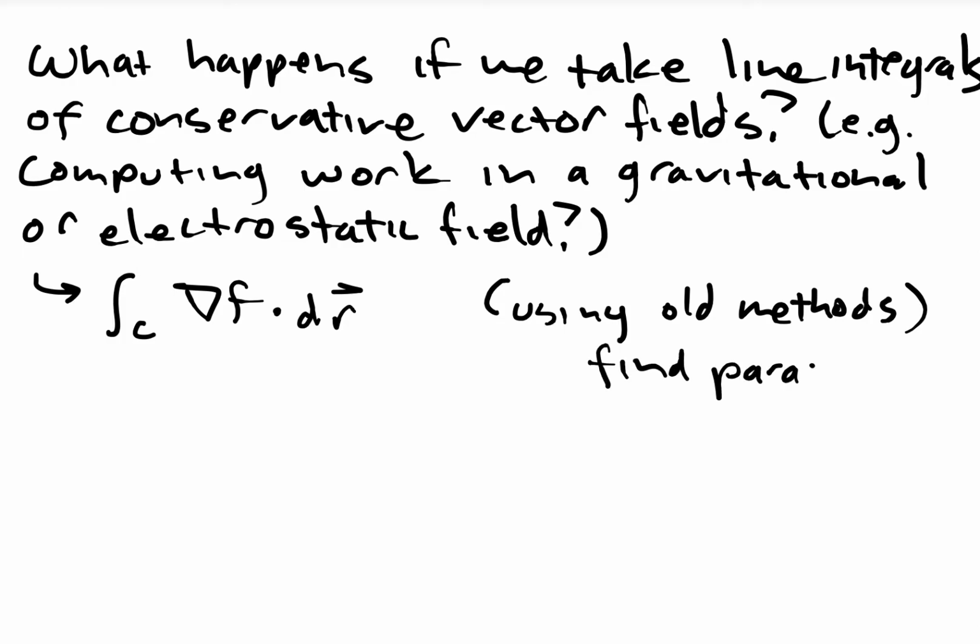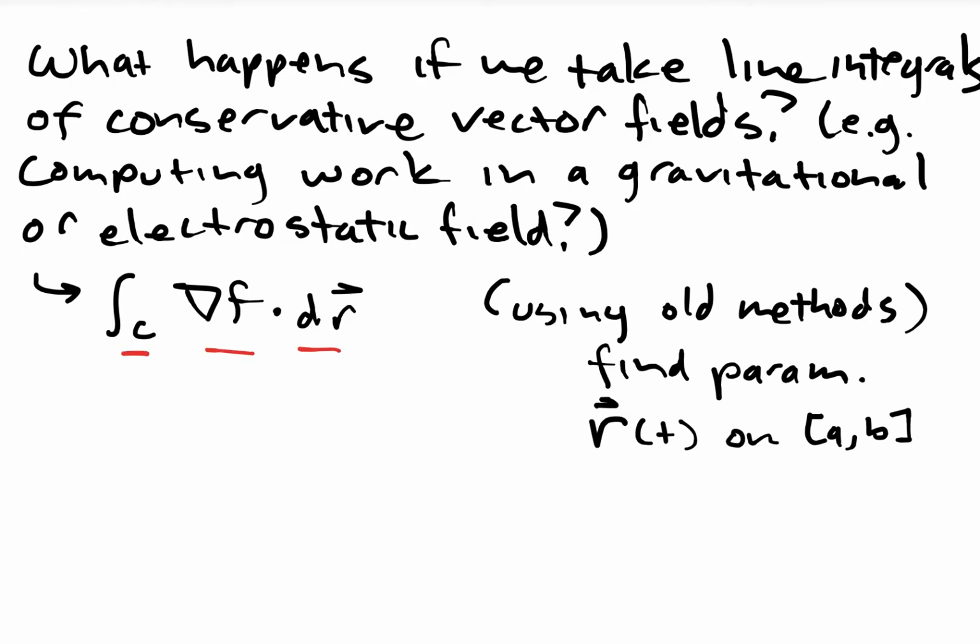Now what I mean by finding a parameterization: that curve that you're integrating over, C, well, you can represent that curve by some sort of vector function r of t on some sort of interval. This will parameterize that path, and to compute this integral you would have to fix three things.